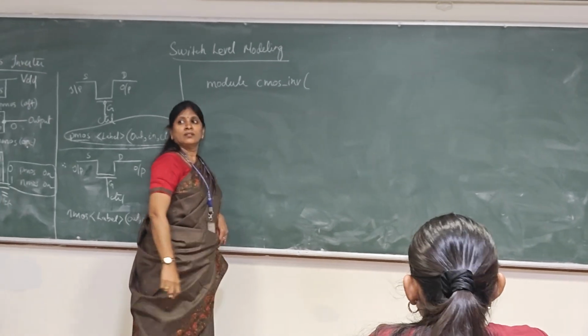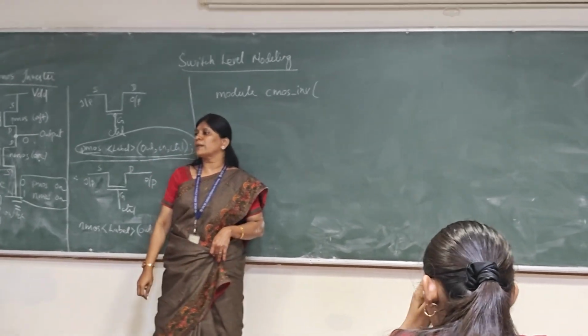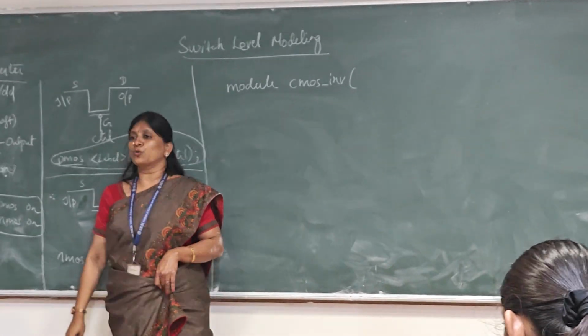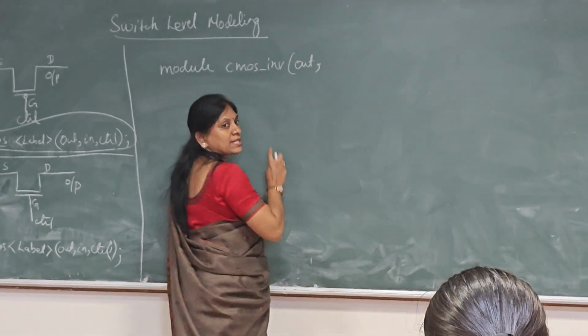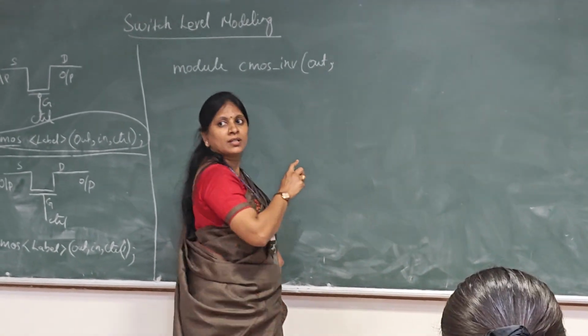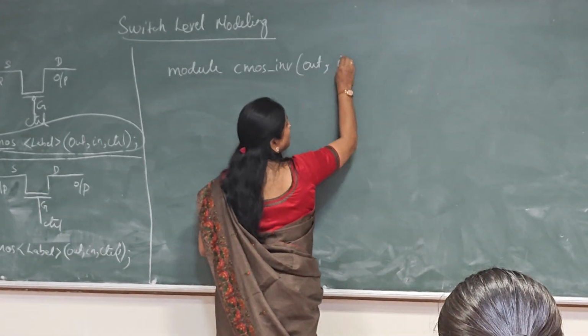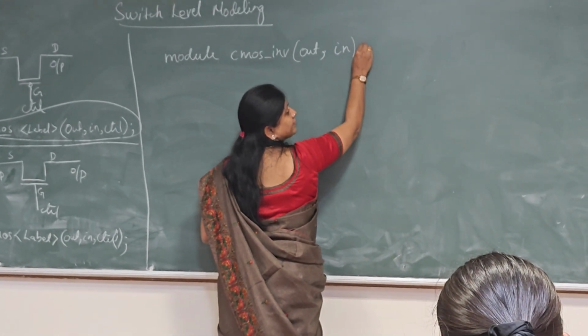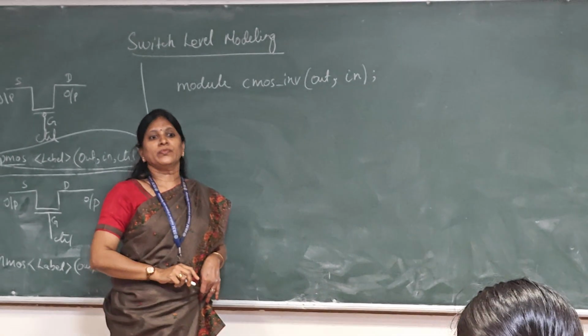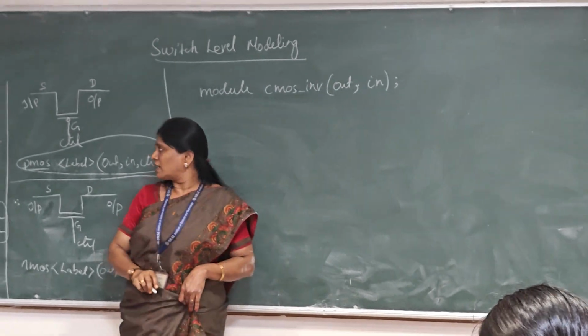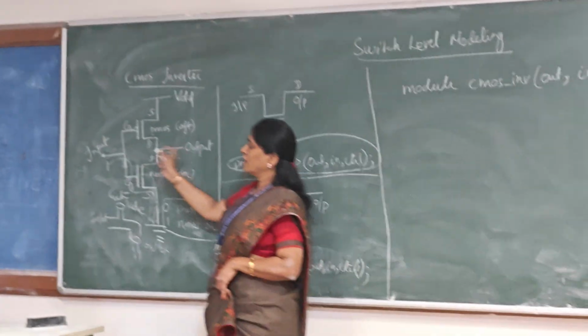Then what are the ports? Output. We can give it as out. Output is the keyword, out is not a keyword. Out, comma, in.